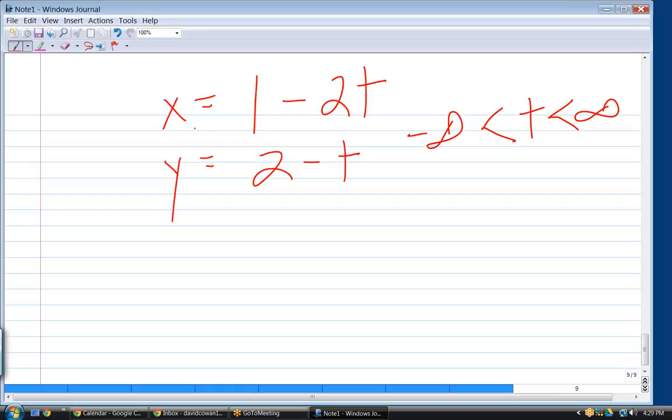What's t equal to up here? It's 1 minus x, all over 2. Just doing the algebra. What's t down here in the y equation?